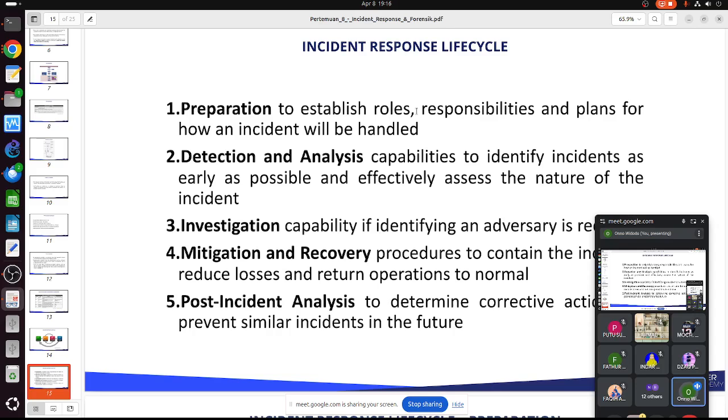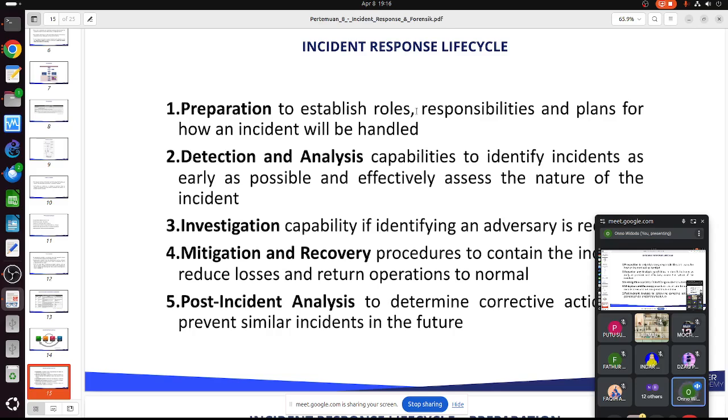In big organizations, these plans, roles and so on are also for keeping the trust from users, from stakeholders, from everybody. They want to make sure everybody keeps their trust in the system.